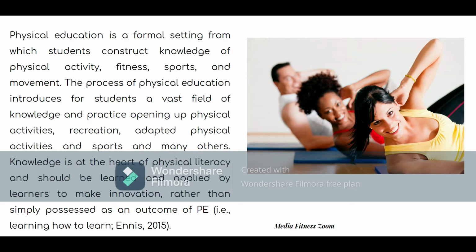For example, learning how to learn. This quotation tells us that physical education is just one part of all the learning that we maintain during our young years, but also during our whole lifespan.